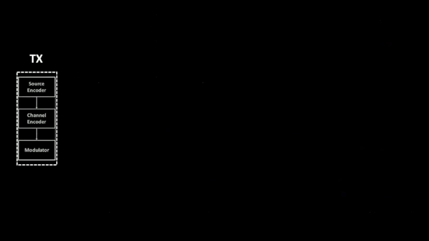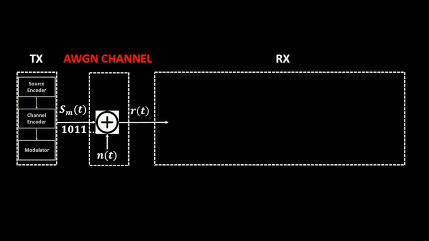We have here our transmitter, and our transmitter is composed of the source encoder, channel encoder, and modulator. The output of this transmitter is a series of ones and zeros. Let us name this series of ones and zeros s_m(t). This s_m(t) is to be transmitted using an AWGN channel, meaning there will be a linear addition of noise together with the signal.